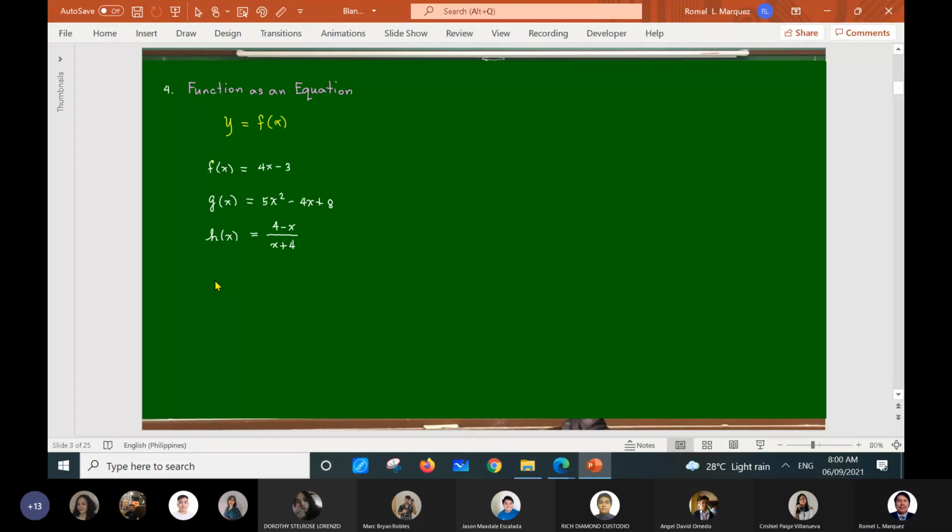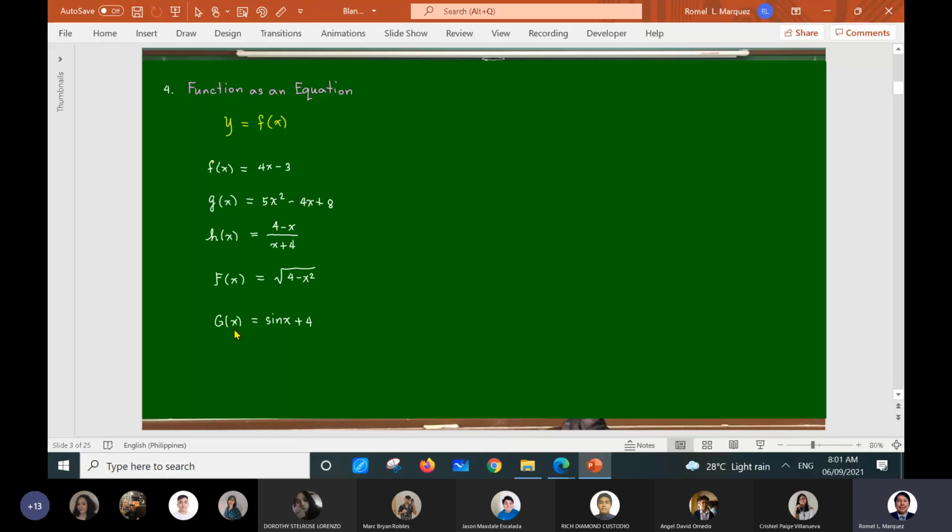And then I can have big F of x equal to the square root of 4 minus x squared, and many more, of course. Like in your trigonometry, you have, let's say, big G of x equal, for instance, to sine x plus 4.